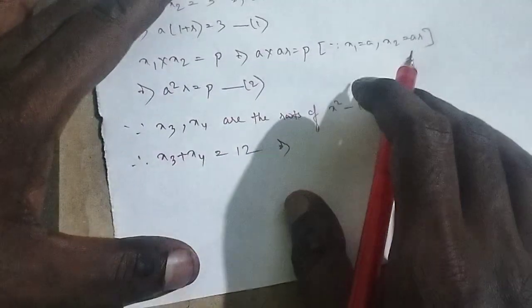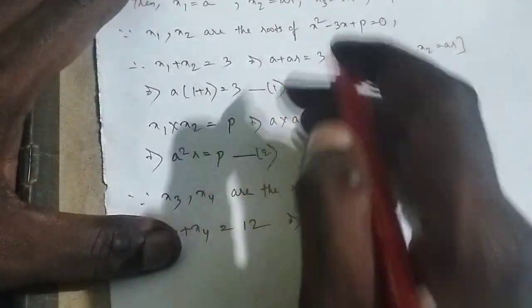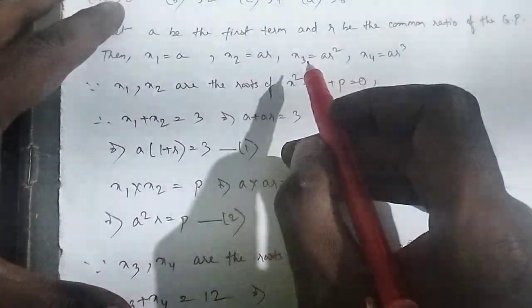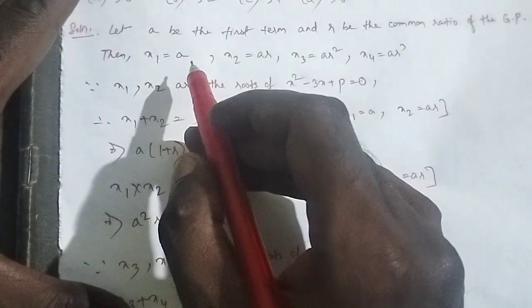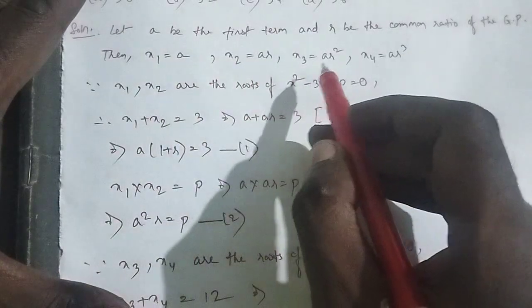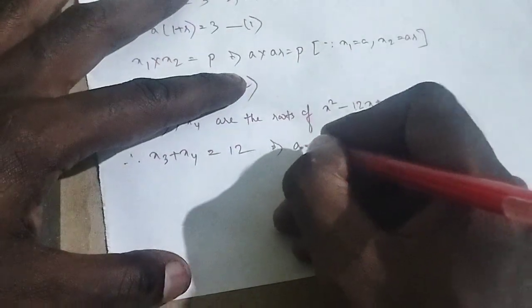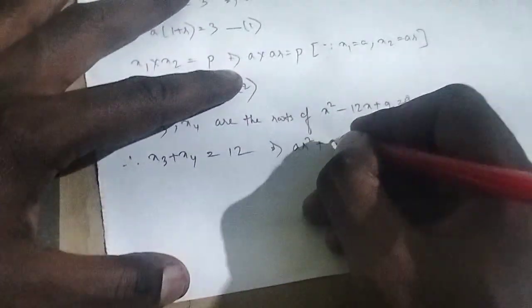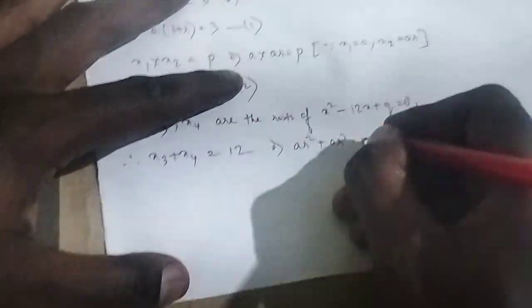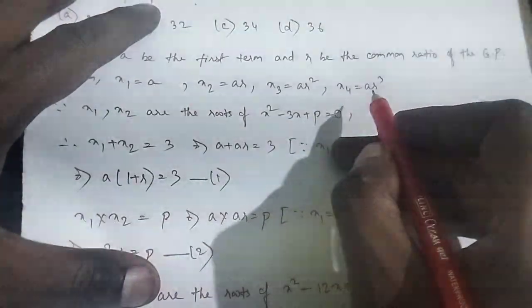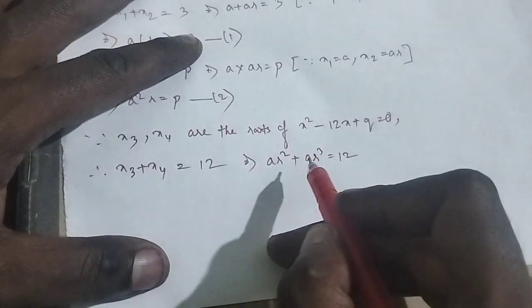Acha, what is x3? Yes, x3 is this one. x1 was A, x2 was AR, x3 is AR square. So it is AR square plus AR cube is equal to 12. x4 is AR cube.